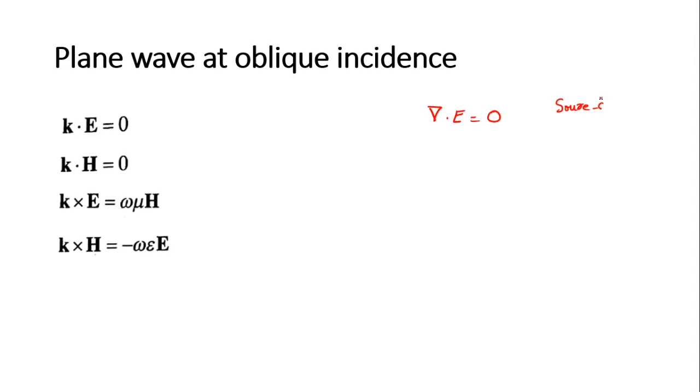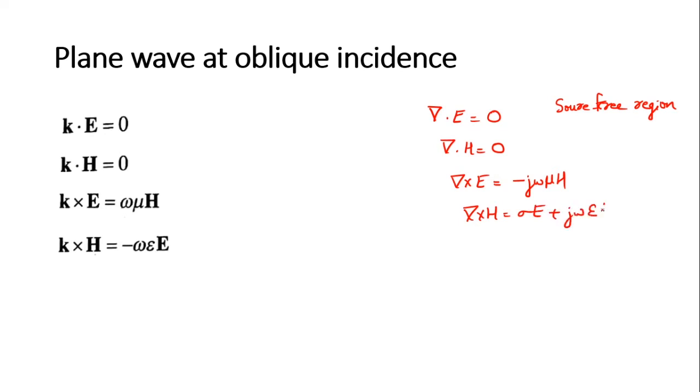If it's free of charge, rho V will be 0, so del dot E will be 0. Then del dot H or del dot B will be 0. Then curl E will be minus j omega mu H, and curl H is equal to sigma E plus j omega epsilon E.